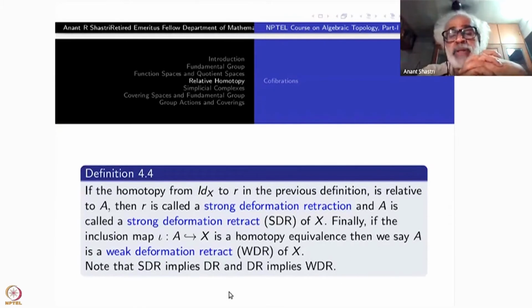Finally, one more definition. If the inclusion map A to X is a homotopy equivalence, see, treat A as some other space Y, then you know we have defined our homotopy equivalence, right? But if the inclusion map itself is the homotopy equivalence, then we say A is a weak deformation retract.